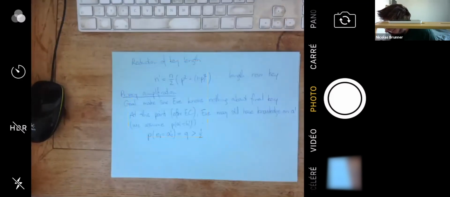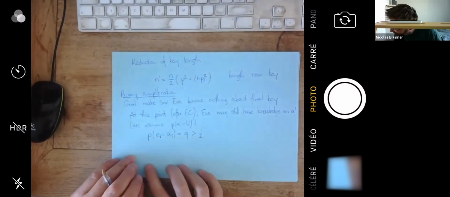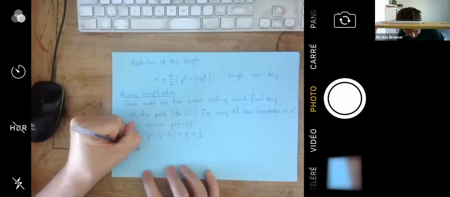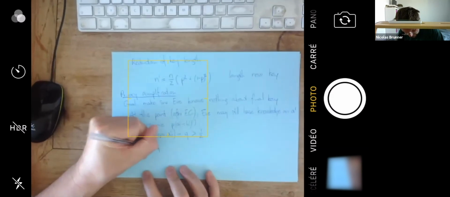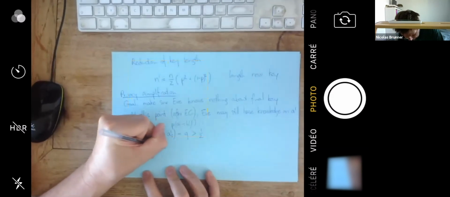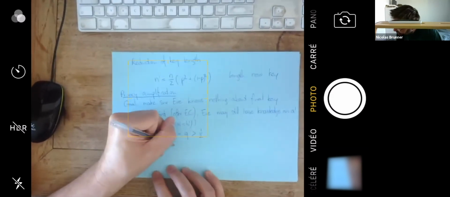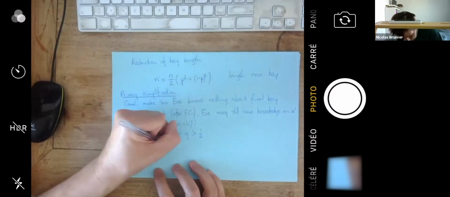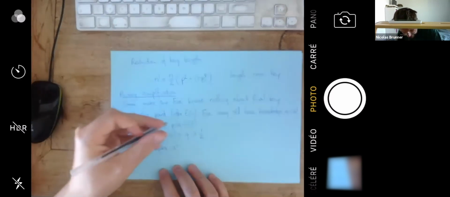Okay, so here is how we do it. We take, again, 2 successive bits. So Alice computes as a new bit, let me call it A double prime.